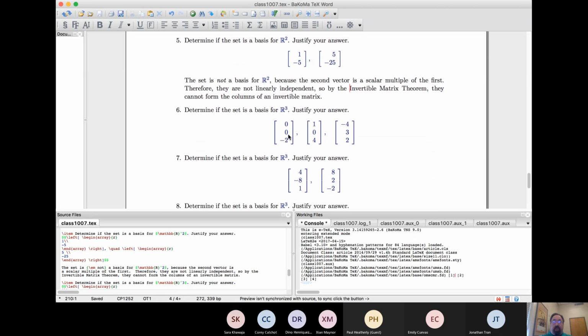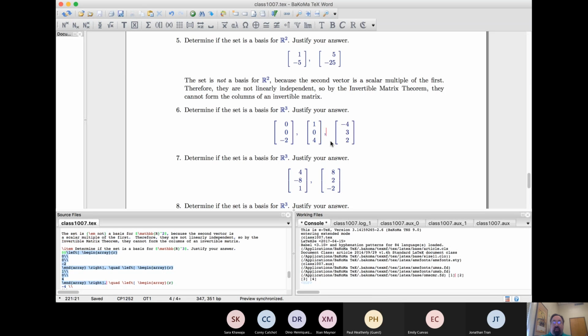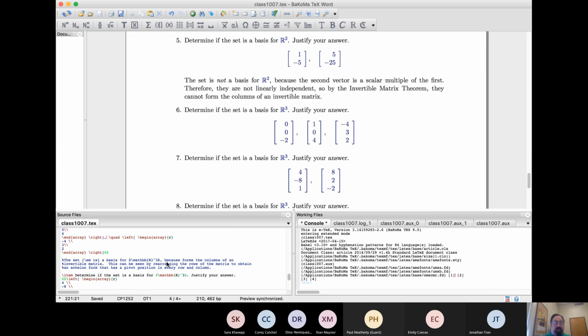All right. Here we have 3. If you made a matrix from these 3 columns, and you want to know if it's invertible, what you can do is rearrange the rows. And what you would find is that by scrambling rows, like if you make this bottom row the first row, second row, third row, the matrix would be upper triangular.